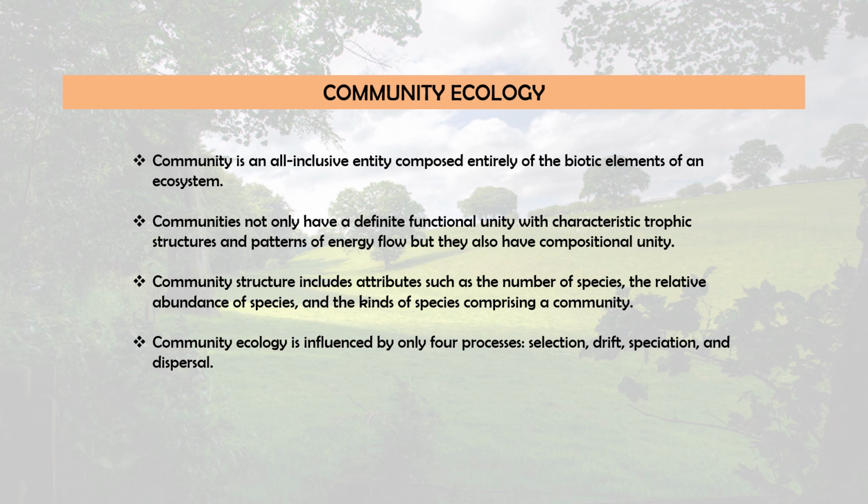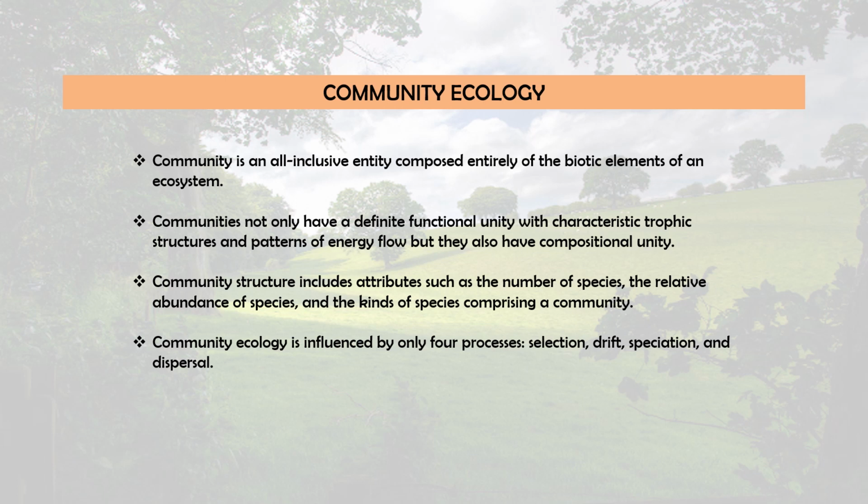So, from the definition of community, mainly three main ideas can be derived. The minimum property of a community is the presence together of several species in an area, and there is also a claim that the same groups of species reoccur in space and in time.